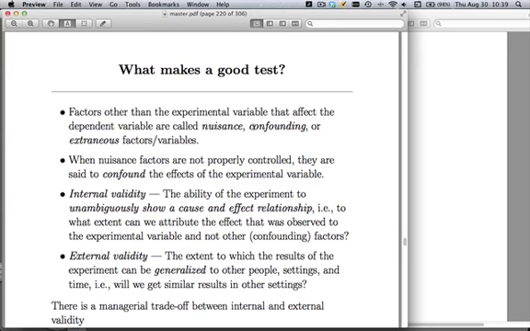They're also called confounds or confounding factors. Sometimes they're called extraneous factors. Any of those are acceptable terms. One other bit of language for you. If you have a nuisance factor and you have not properly controlled for it, that nuisance factor is said to confound the effects of the experimental variable.